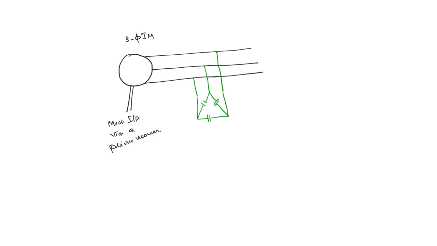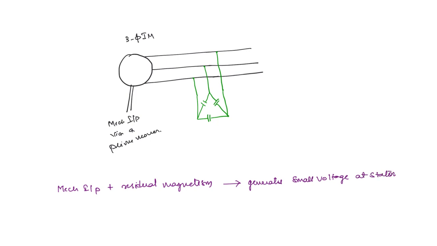So how is that? The mechanical input plus some residual magnetism. If there is no residual magnetism, then you will have to first excite the induction machine by running it as a motor. In that manner you can get residual magnetism. So the mechanical input along with a small amount of flux that is present in the machine is going to generate a small voltage at stator terminals.